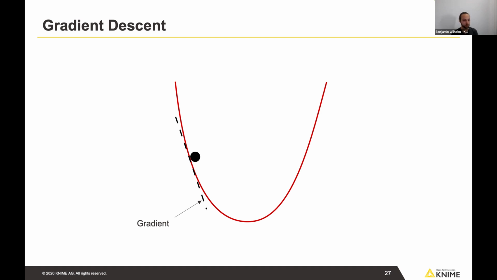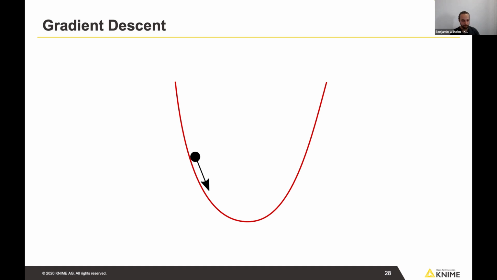Then we use this loss function to compute the gradient of it with respect to this weight, and then we know in which direction we need to adapt the parameter to get a smaller loss.